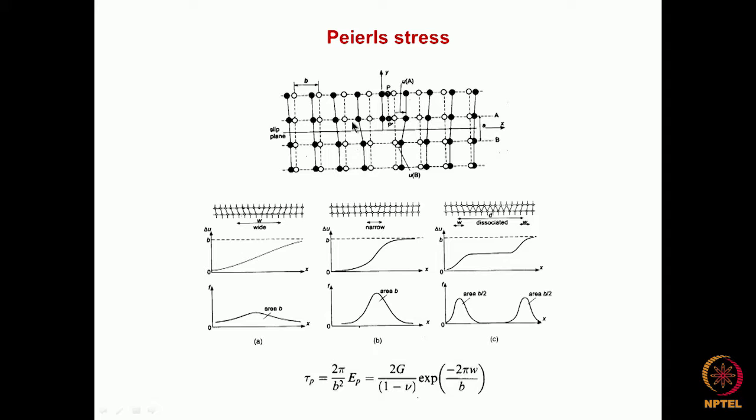Because this is a highly strained region, there will be a stress corresponding to it. If we apply a stress, that stress has to overcome the internal stress to make the dislocation move. So in this specific case, the internal stress to be overcome is going to be very high, and in this particular case the internal stress to be overcome is going to be very small.